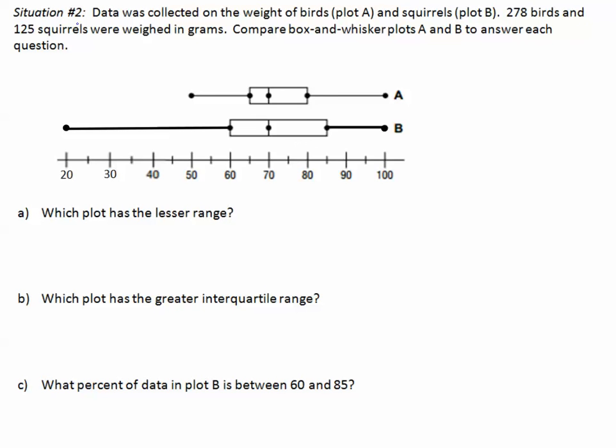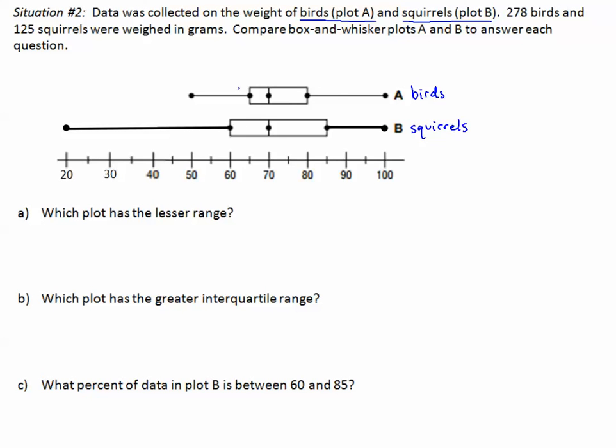Let's take a look at situation number 2. Data was collected on the weight of birds, plot A, and squirrels, plot B. So see, plot A is the birds, and plot B is the squirrels.